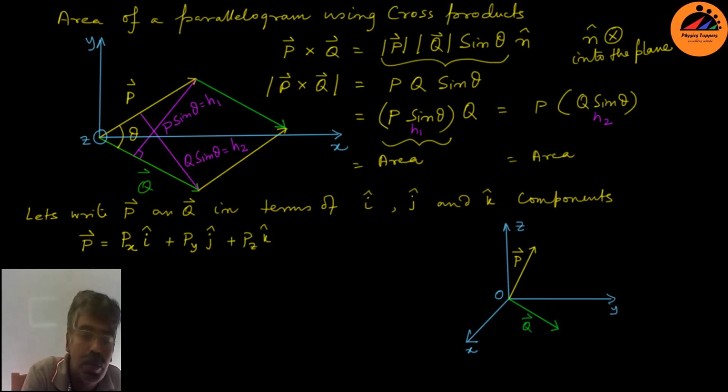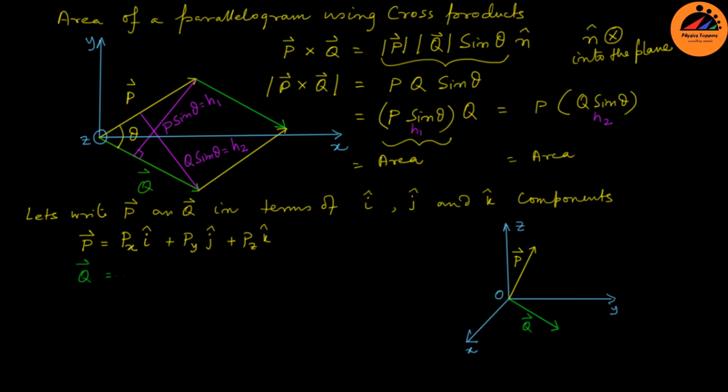And take Q, very similar: qx times i cap plus qy times j cap plus qz times k cap.